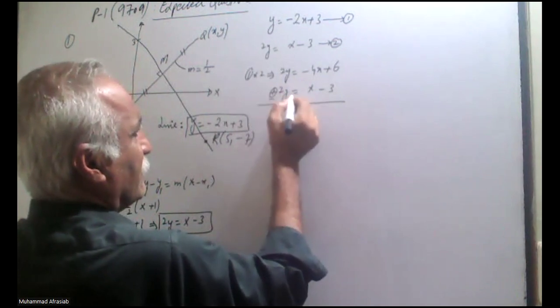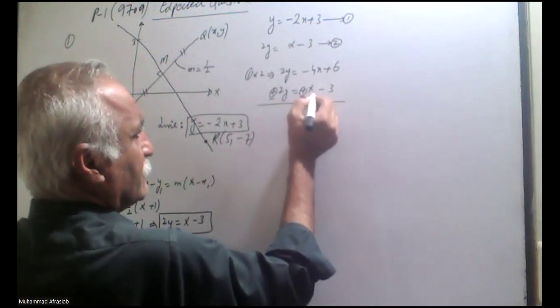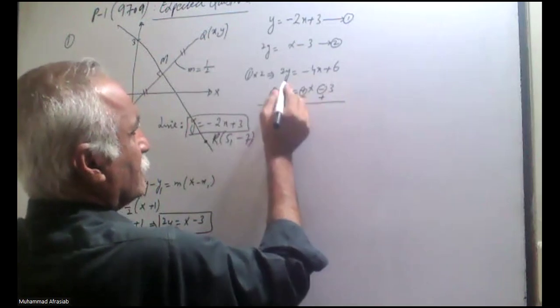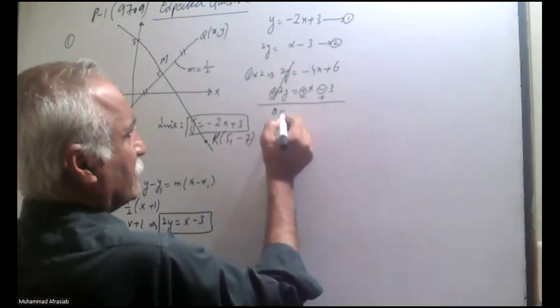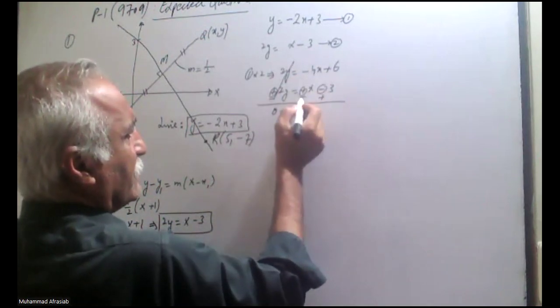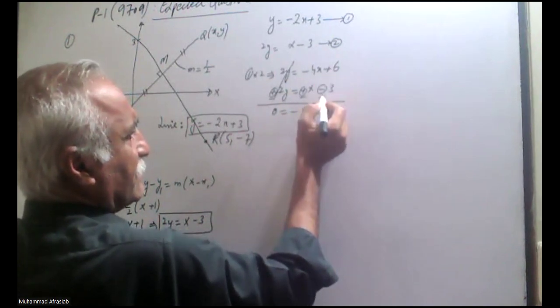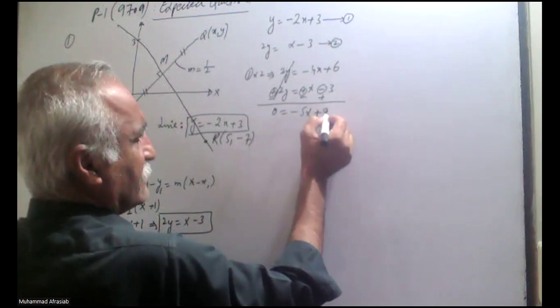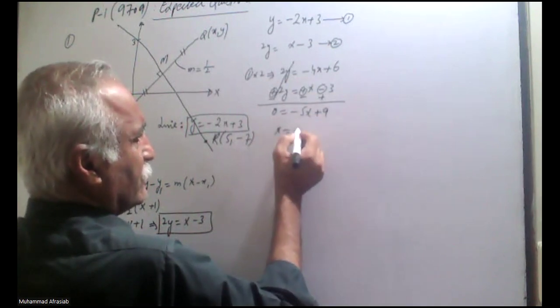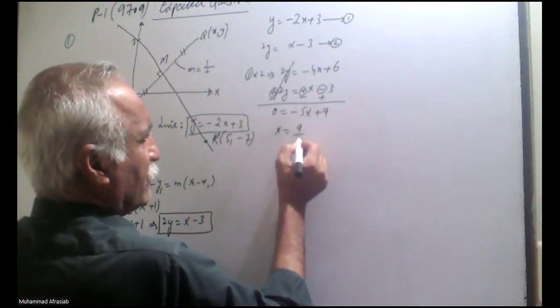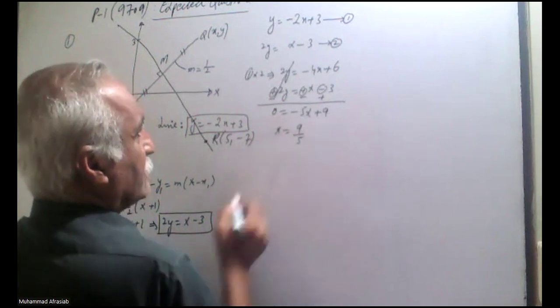Subtract this equation from that: this is 0, -4x - x is -5x, plus 6 and plus 3 is plus 9. So x is equal to 9 over 5.